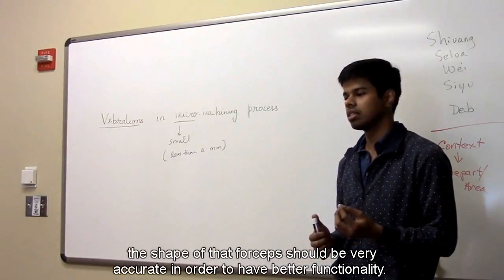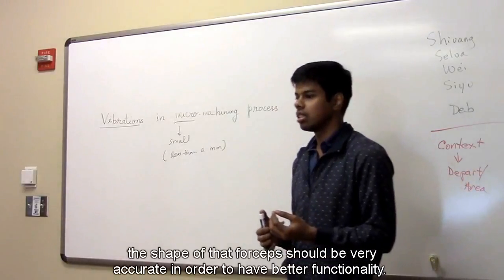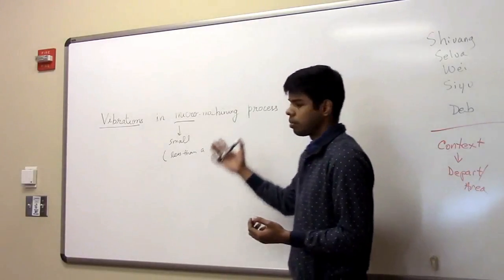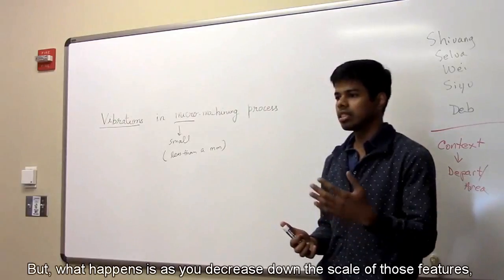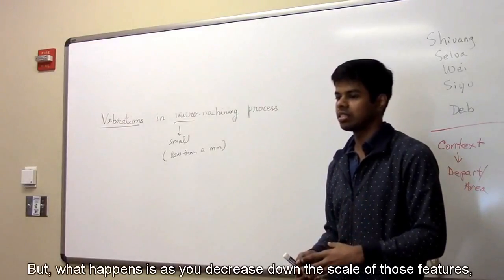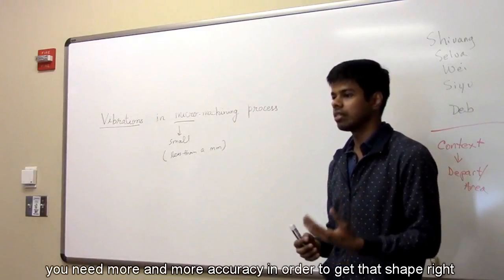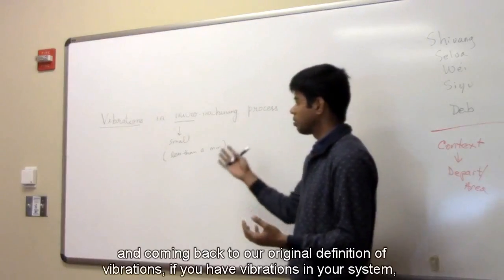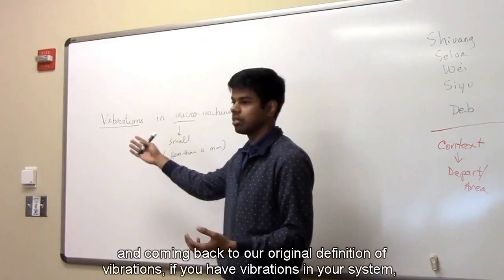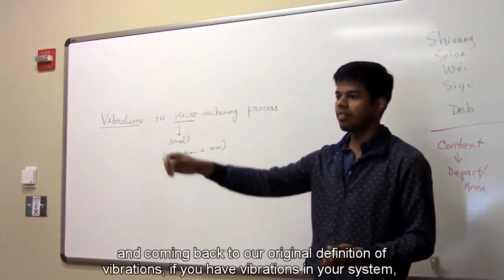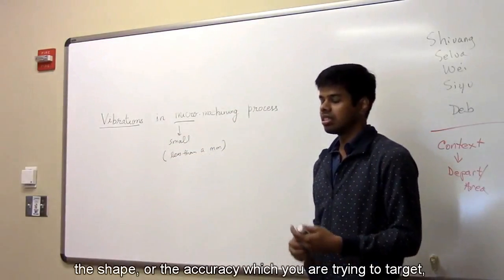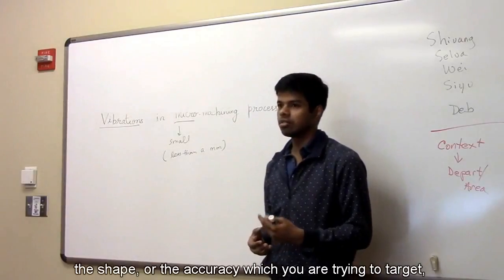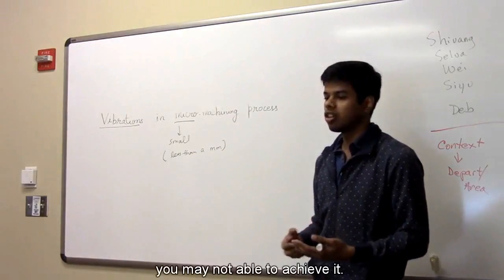But what happens is, as you decrease down the scale of those features, you need more and more accuracy in order to get that shape right. And coming back to our original definition of vibrations, if you have vibrations in your system, the shape or the accuracy which you are trying to target you may not be able to achieve.